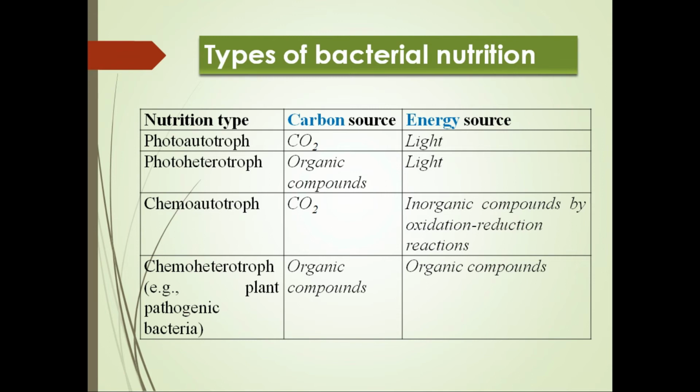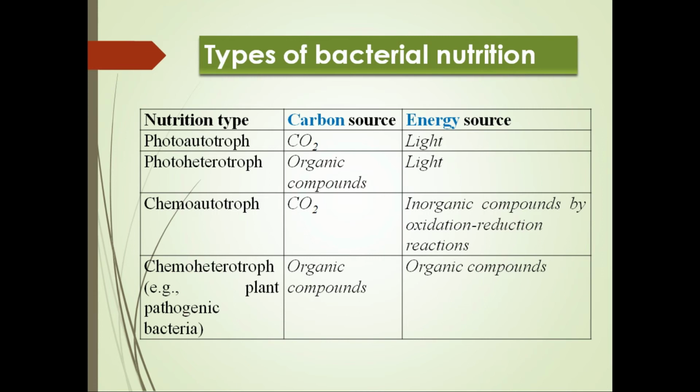Photoautotrophs: the carbon source is carbon dioxide and the energy source is light. In the case of photoheterotrophs, the carbon source is an organic compound and the energy source is light.